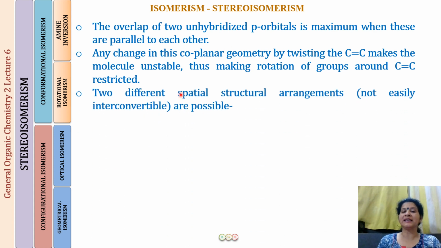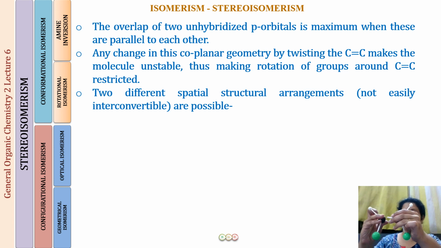So the two different spatial structural arrangements are not easily interconvertible. If I want to convert one form into the other, I will have to break the bonds, actually break the double bond. So you just look here, what I'm doing is that I break the bond and I remake it, and I have got the other structure. Want to get that back?